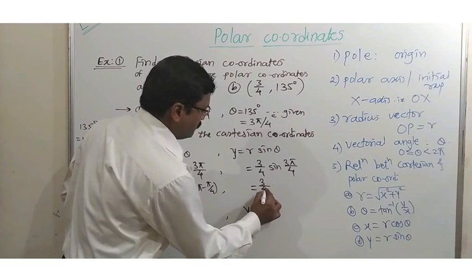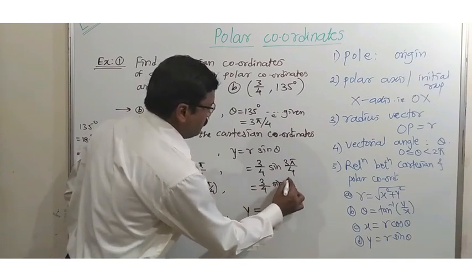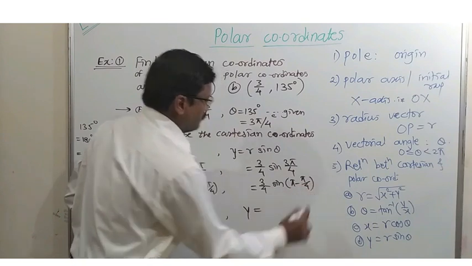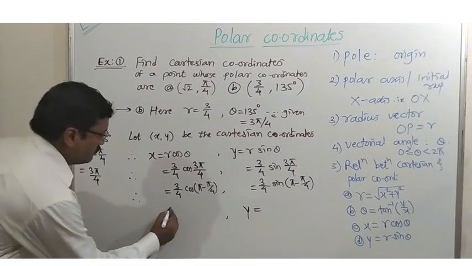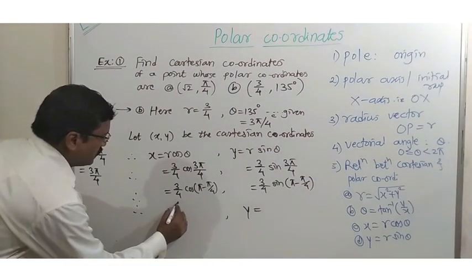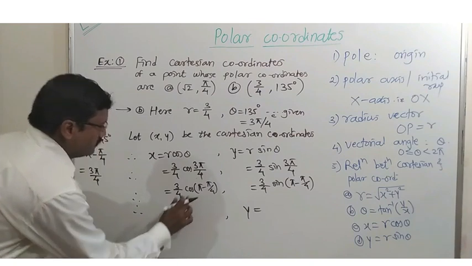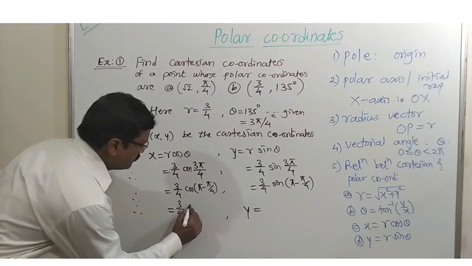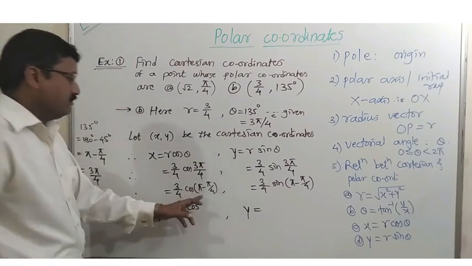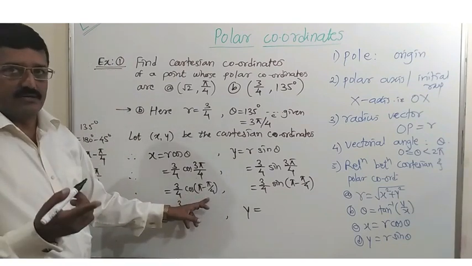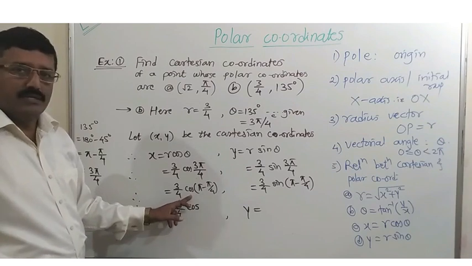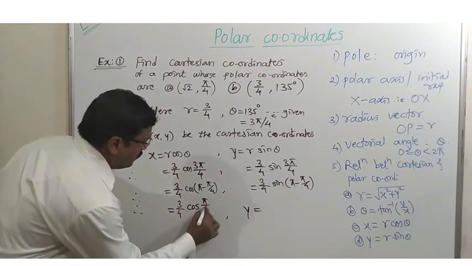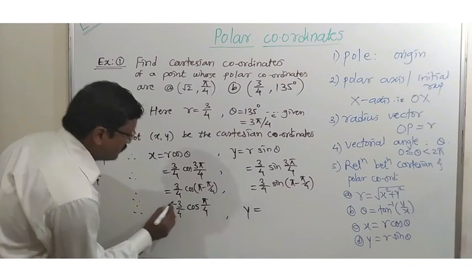Then I am once again writing the previous step, that is pi minus pi by 4. So that is equal to 3 by 4 into cos of pi minus pi by 4. Here pi is given, so no change in trigonometric function, so it is cos. Now pi minus means second quadrant, and in second quadrant cos is negative, so we get here negative cos pi by 4, that negative sign goes here.